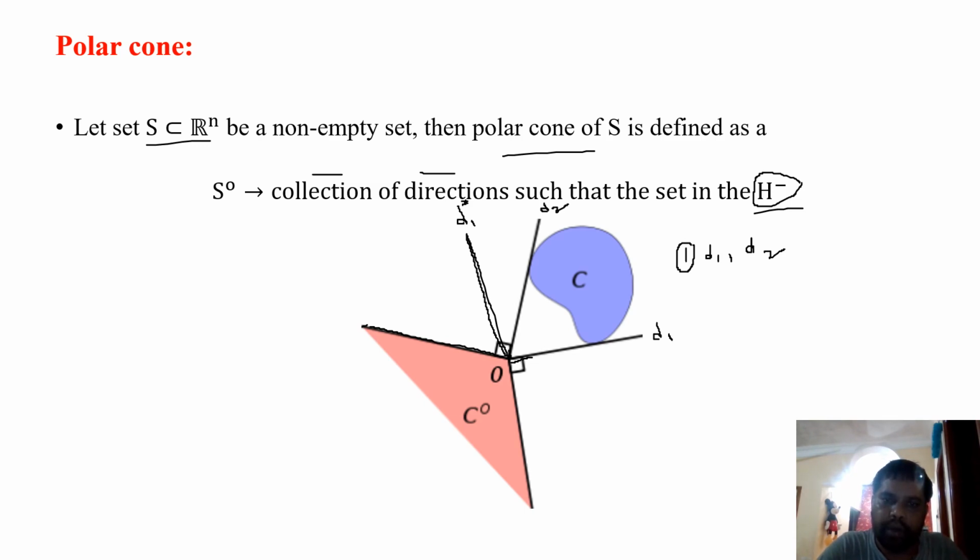This one is perpendicular to D2, so call it D2 naught, and this direction is perpendicular to D1, so call this one D1 naught. Then in the second step you get the new directions D1 naught and D2 naught.